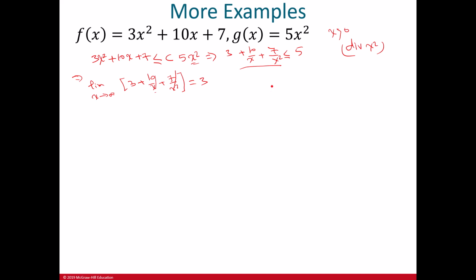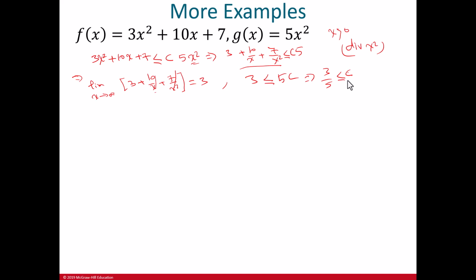All right. So when this is 3, I end up with something like this: just 3 less than or equal to C. It follows that C is greater than or equal to 3.